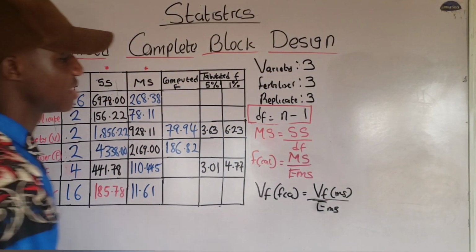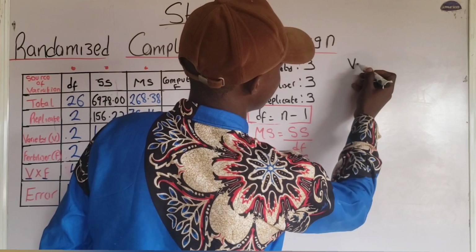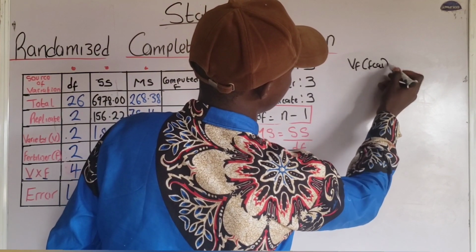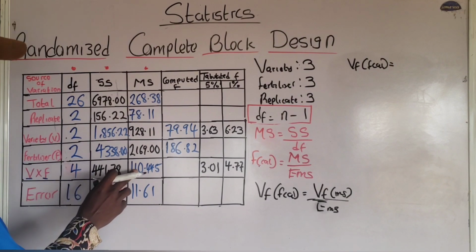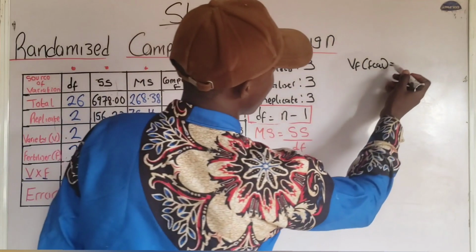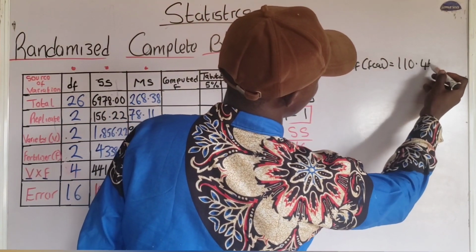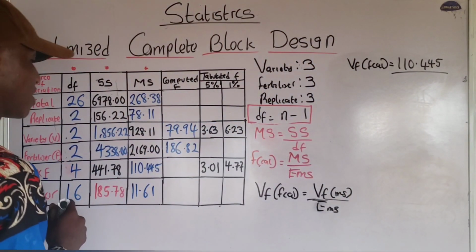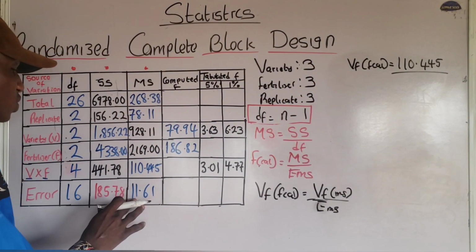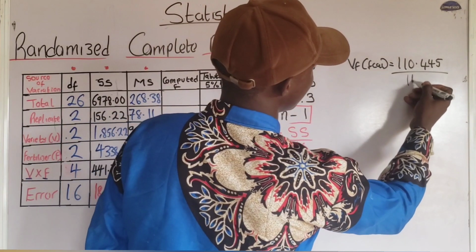Variety fertilizer mean squared is 110.445, and error mean squared is 11.61.